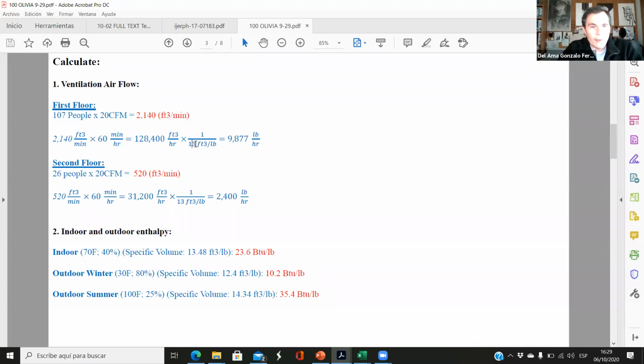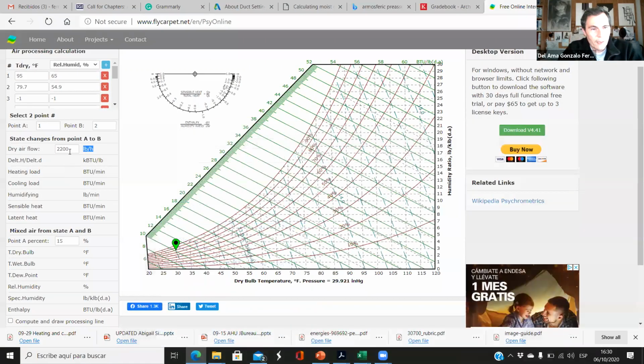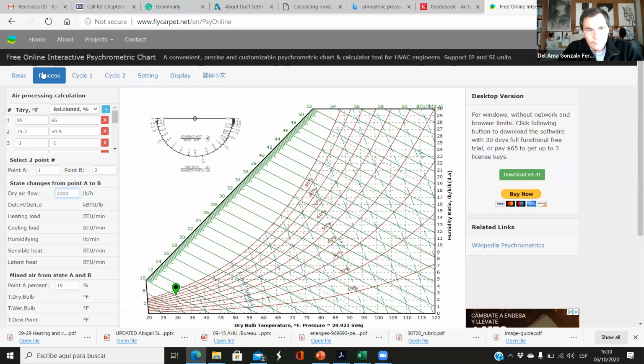It can be 13.4 or 12.6, whatever, but it's around 13. Okay. So here we can introduce the pounds per hour, the airflow of the first floor. We are working with the first floor. So that would be 9,877. Okay, so here in this tab in process, this is 9877.